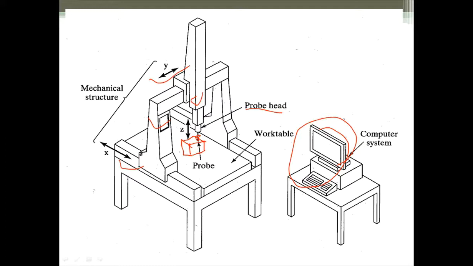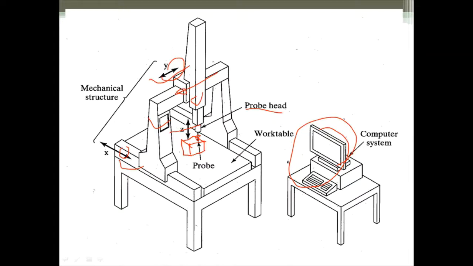This mechanical structure provides motion of the probe in three Cartesian axes, that is x, y, and z, and it allows the displacement. That means it moves this probe head in XYZ direction. And there is a displacement transducer to measure the coordinate values of each axis.